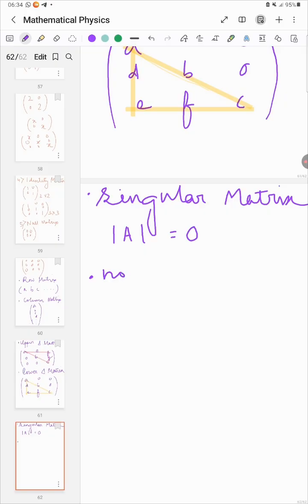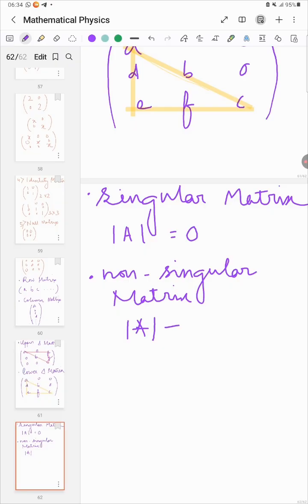Coming to the next topic, which is non-singular matrix. What is a non-singular matrix? If the determinant of A is not equal to 0, then it is said to be a non-singular matrix.